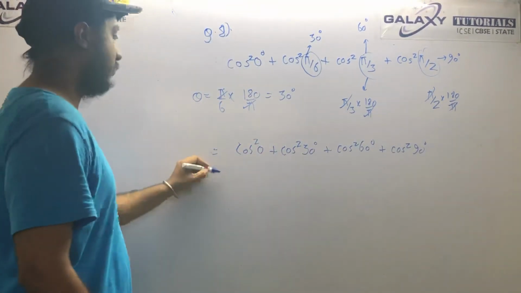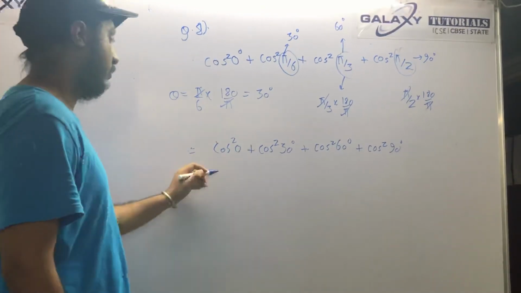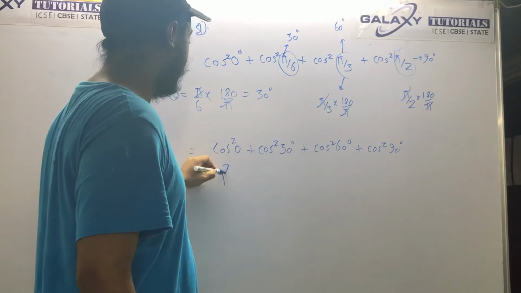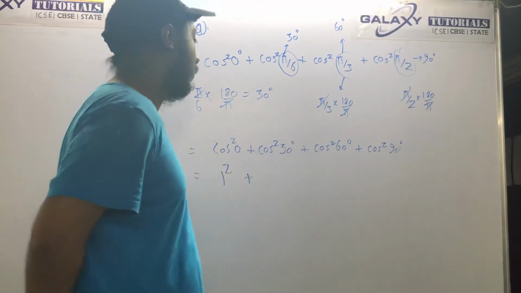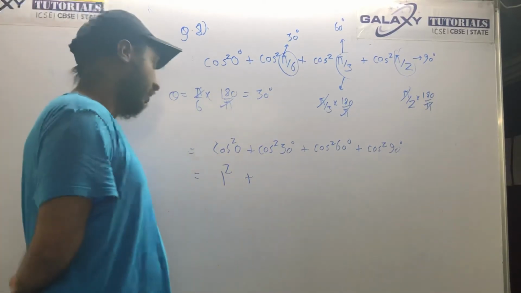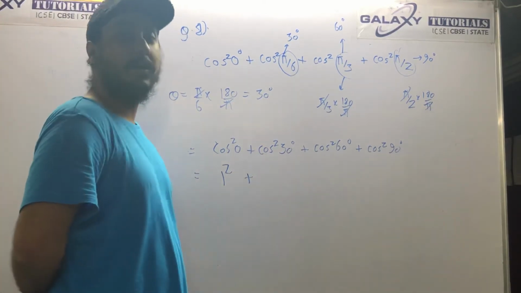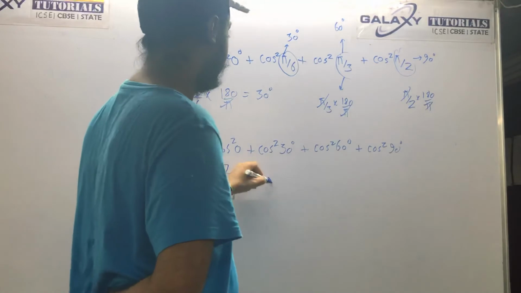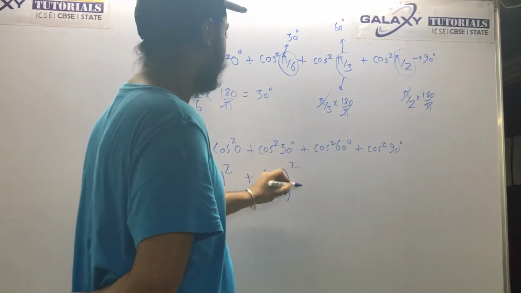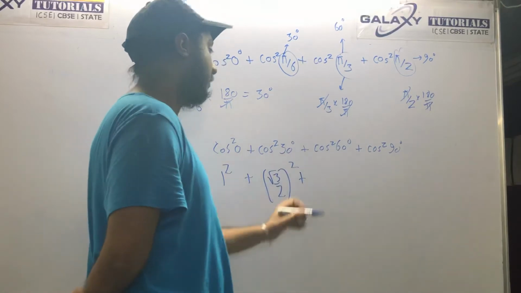What is cos square 0? Cos 0 is 1. Okay, cos square will be 1 square plus cos 30 square. Yes, cos square 30. So cos 30 is how much? Root 3 by 2. And this is whole square. So root 3 by 2 square. Cos 60 is how much? 1 by 2.